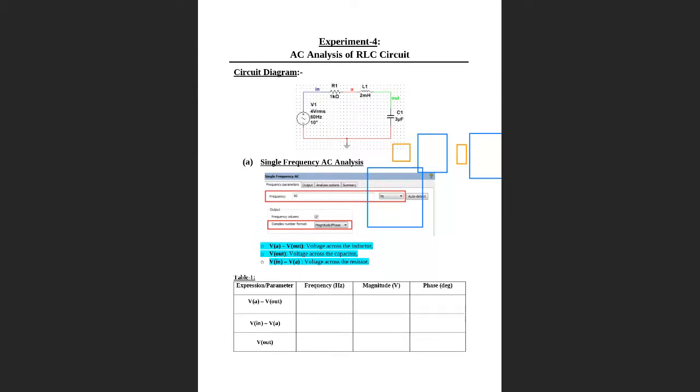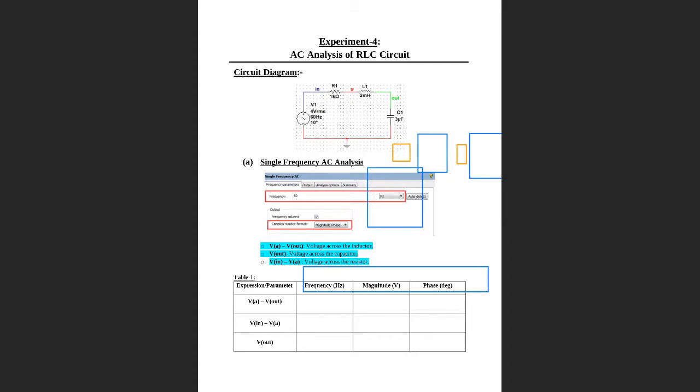Then after you construct the circuit, you have to start with single frequency analysis. How to open single frequency AC analysis? Simply from Multisim, on the top you can see Simulate.